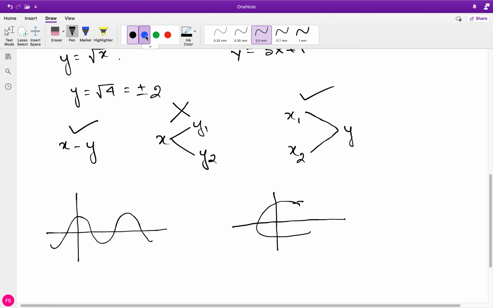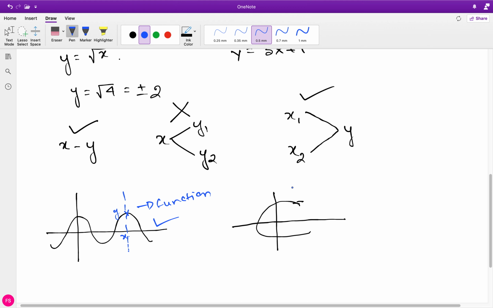So for this test, what you need to do is just draw a vertical line at any point in the graph and see how many points it crosses the graph. You can see from this example that this is crossing the graph at only 1 point, so that means this is a function because your 1 x has only 1 y. Therefore, this is a function.